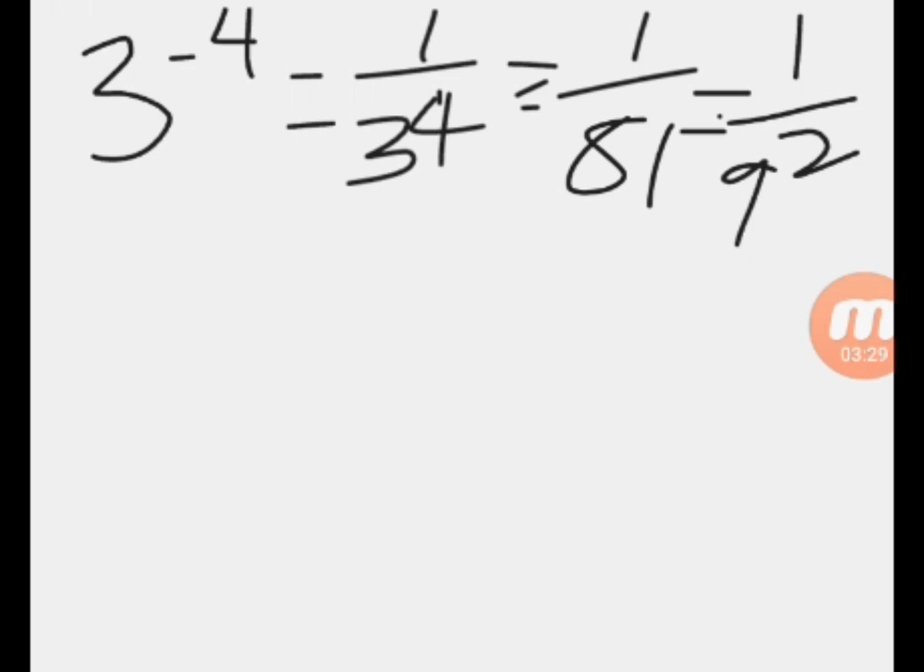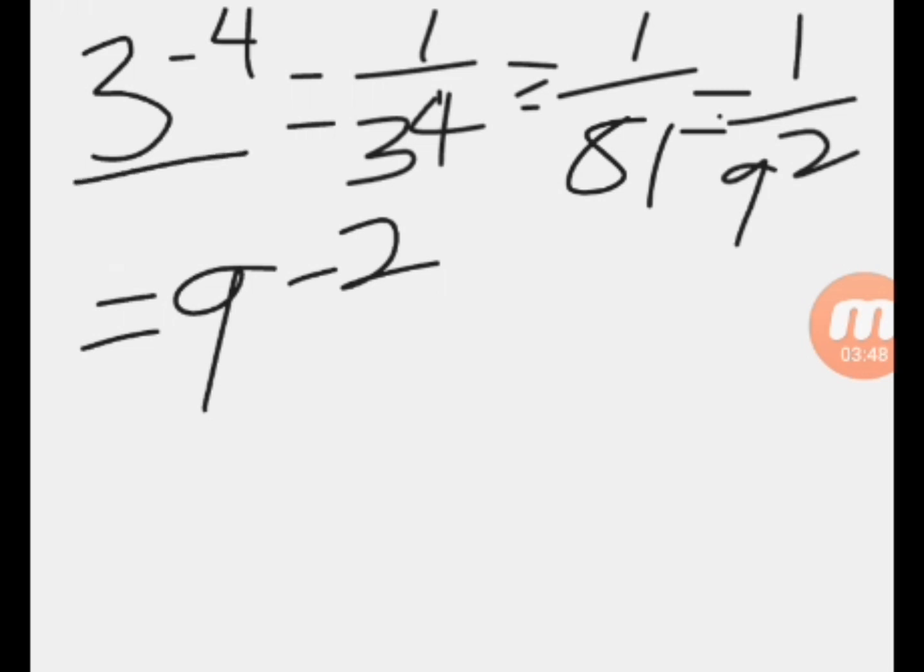And now if we have 1 over 9 raised to the power 2, if we don't want 1 on top as a fraction, that simply means 9 raised to the power minus 2. Yes, 9 raised to the power minus 2 is the same as 1 over 9 raised to the power 2. So do you now see that 3 raised to the power minus 4 is the same as 9 raised to the power minus 2? By so doing, we have converted that.